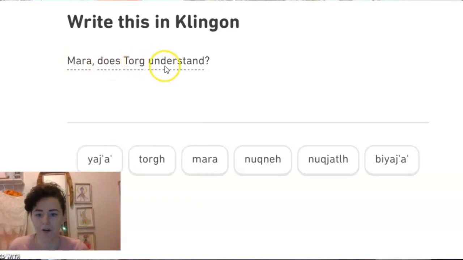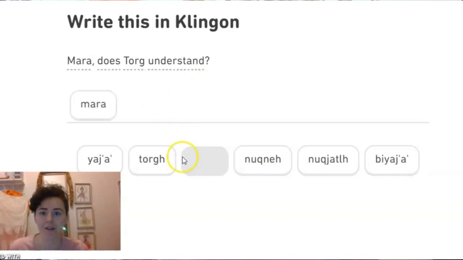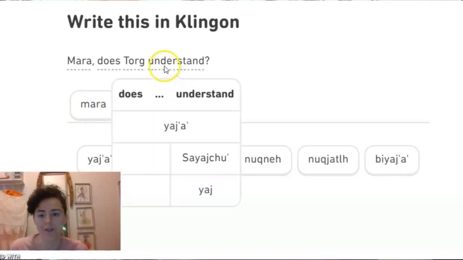does talk, understand. So let's identify what our subject here is. Because this is breaking up this phrase into two clauses, this one clause here does talk, understand. So let's say that Mara is going to be the start. Mara. And take a moment to look at how the M isn't capitalized. Now let's have a look at this. Yaj ah is the word we need to use for does understand.